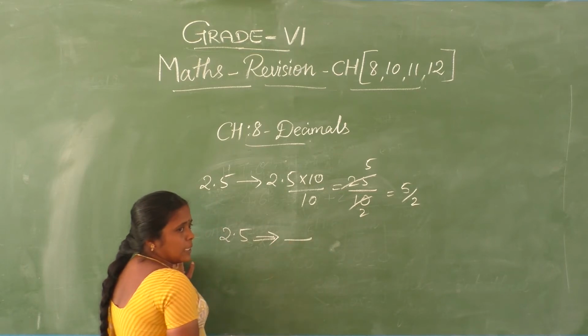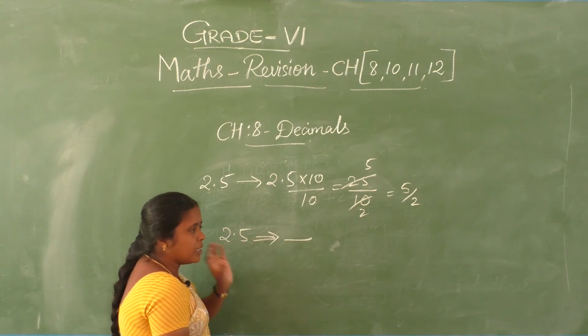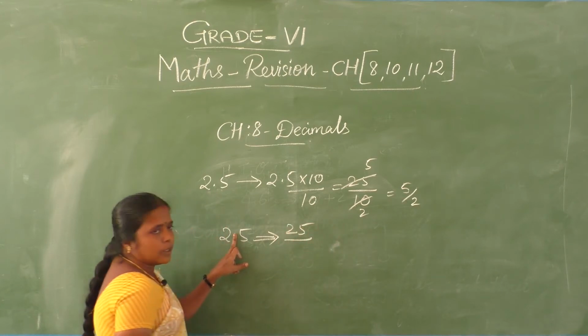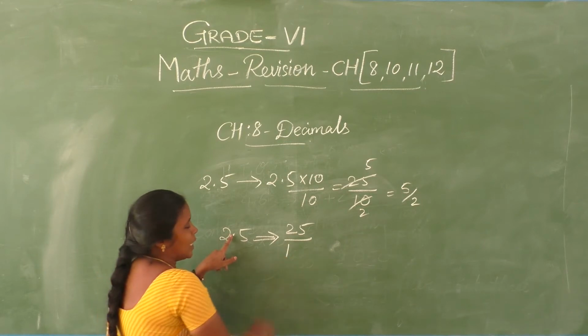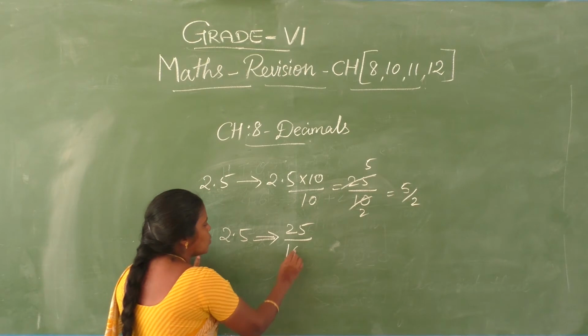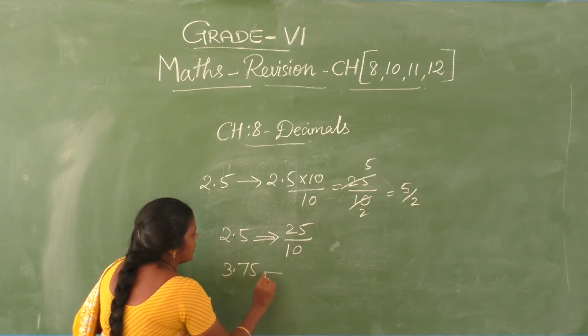You need two numbers, up and down. For the up number, that means for filling the numerator, shortly what to do is, without the point, fill 25 there. For the denominator, for the point, after the point how many digits are there? 1 digit, so 10.